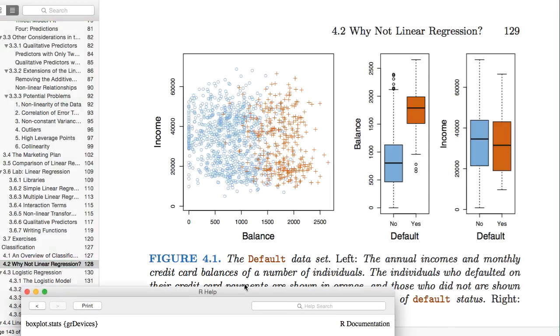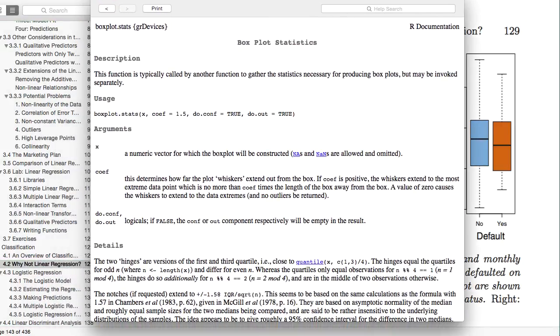In the case of R, here's the R help screen for box plot statistics, and whiskers are controlled by this setting, coefficient, which defaults to 1.5, and it says the value of coefficient determines how far the whiskers extend. And so if the coefficient is positive, the whiskers extend to the most extreme data point, which is no more than coef times the length of the box.